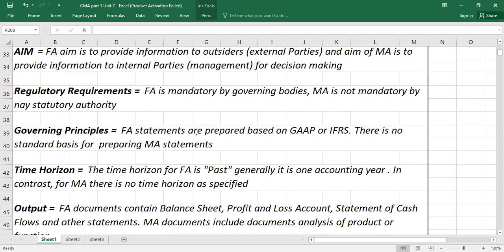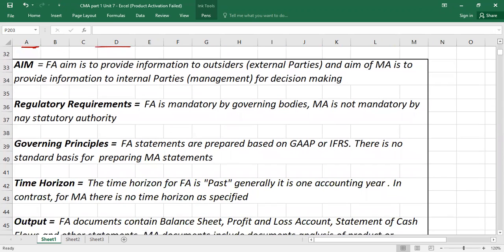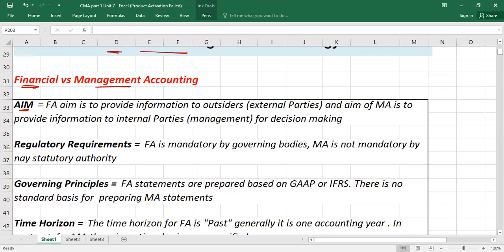So what is the difference here, guys? First of all, the aim, the purpose. The aim of financial accounting is to provide information to which parties? To the external parties or to the outsiders. But on the other hand, in management accounting, we provide the information to internal parties.